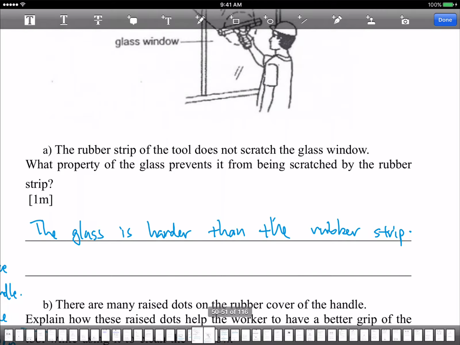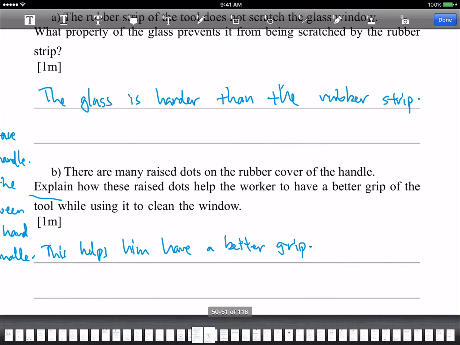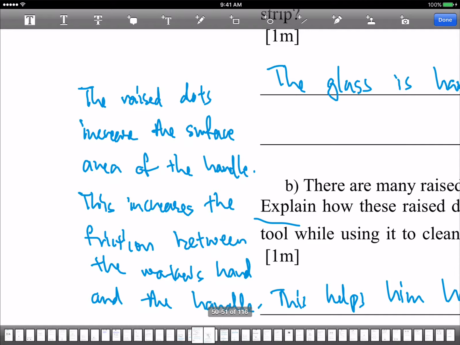So next part, there are many raised dots on the rubber cover. How do the raised dots help the worker to have a better grip? We already explained that, right? As you can see here, the raised dots increase the surface area, just like this thing.